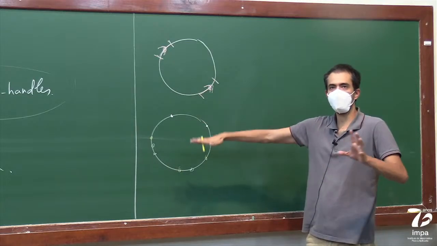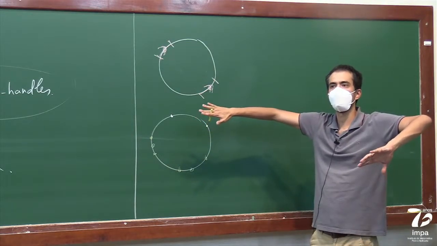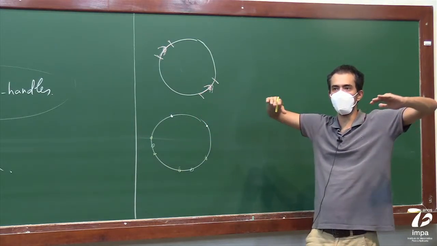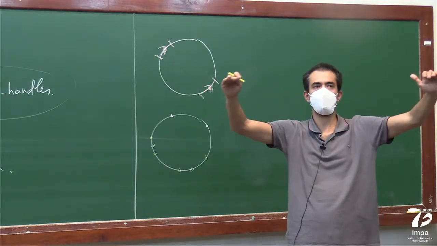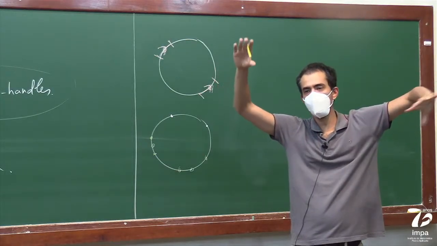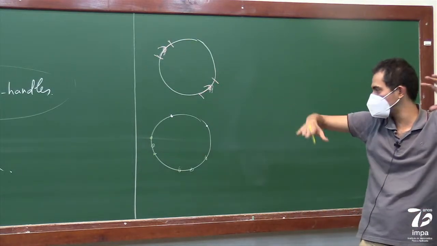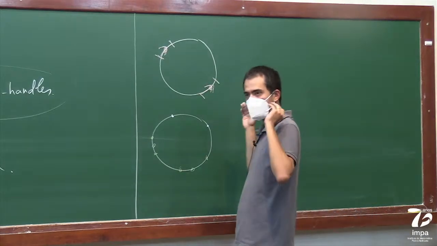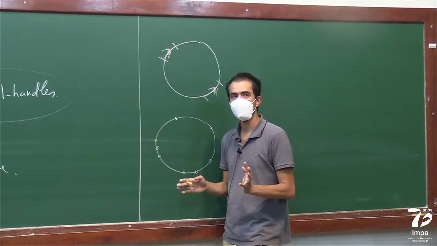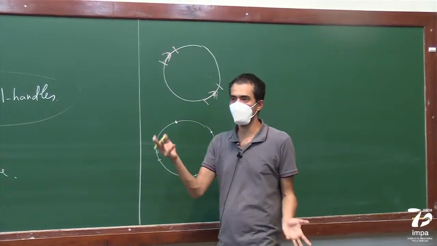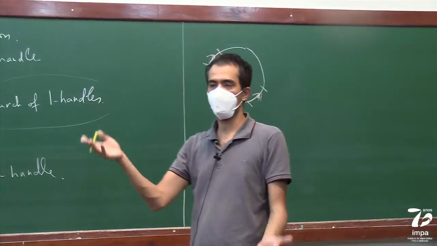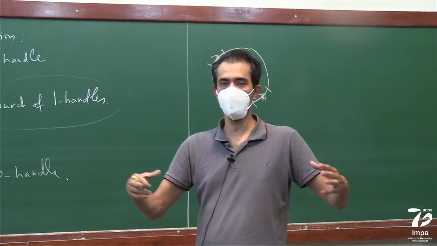Because you can think of these handles as being independent. You could think of them as attaching all at the same time. We showed last time that they don't have to attach to each other. They can all attach directly to the 0 handle. Or in other words, by a handle slide, you can always make them go to the original 0 handle.